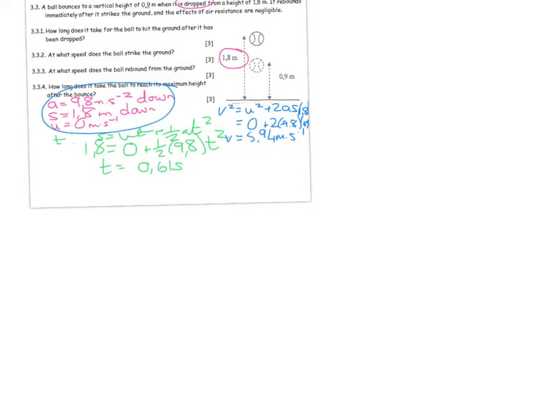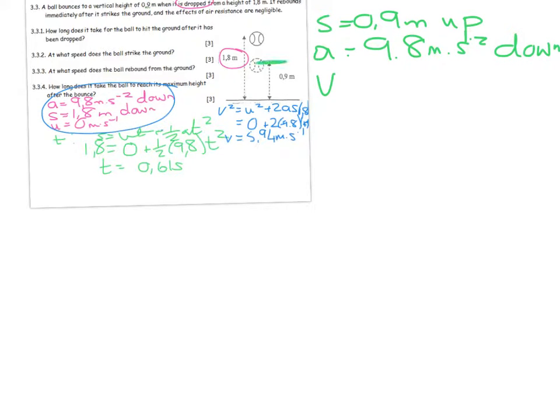the trip. So the second part of the trip has a distance of 0,9 meters up, and an acceleration of 9,8 meters per second squared down. I have a final velocity at the top of this projectile of 0. What is the initial velocity?